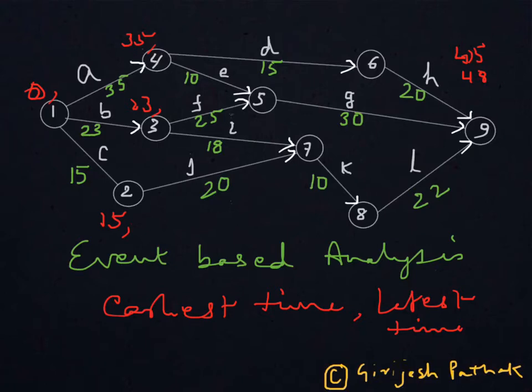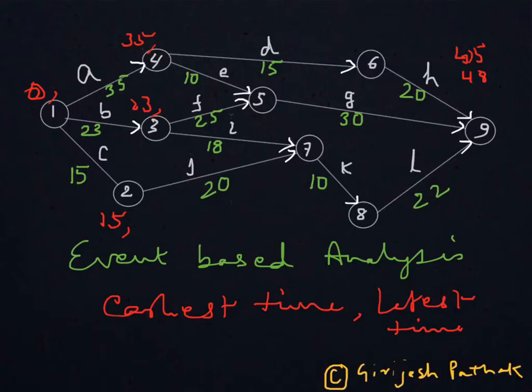Now out of these two, one will be considered the earliest time of node 5, and there may be some confusion. You might pick 45 thinking that it is lesser, but note that after 45 days, 35 plus 10, E is over, but F, which starts after 23 and requires 25, is still continuing and gets over after 48 days.